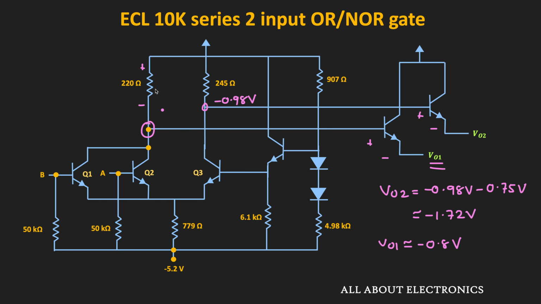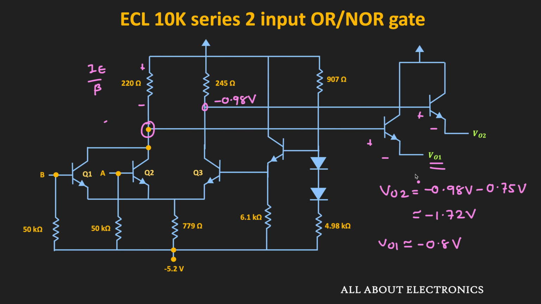The drop across this resistor is equal to the current flowing through the emitter of this transistor divided by beta. Therefore, depending on the load, this VO1 will slightly change. But typically, it is around minus 0.8 to 0.9 volt. And in this way, this voltage can be considered as the logic high.